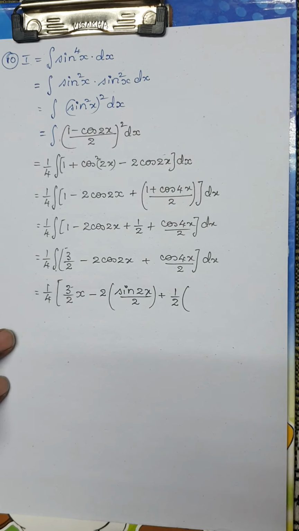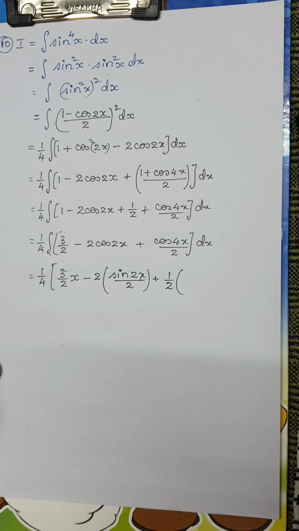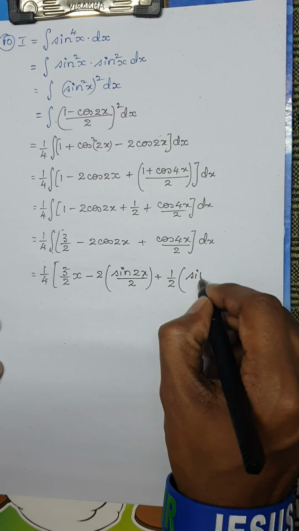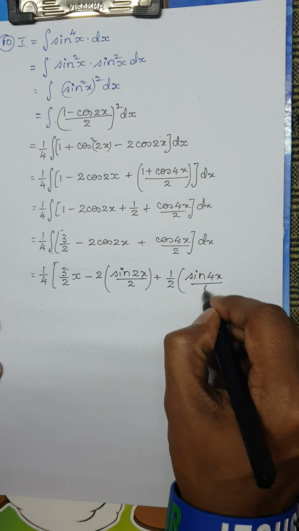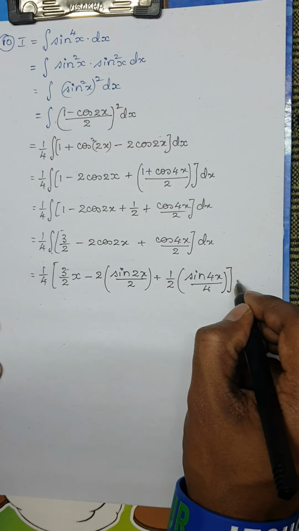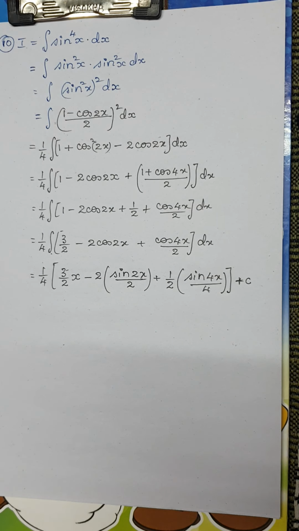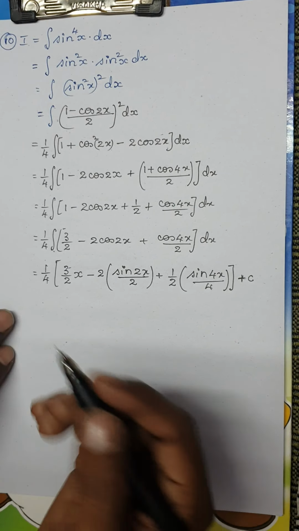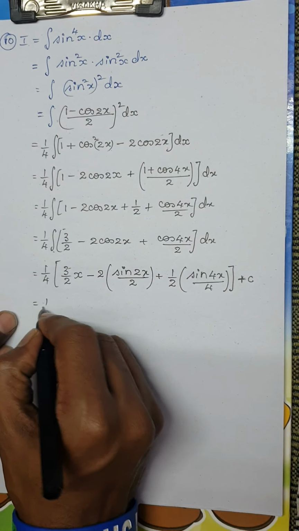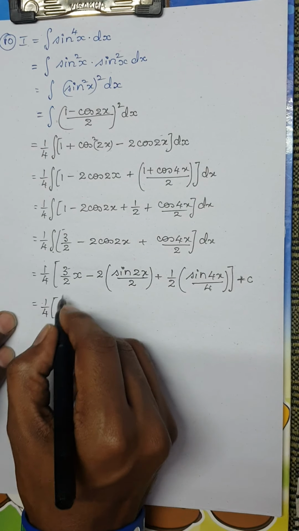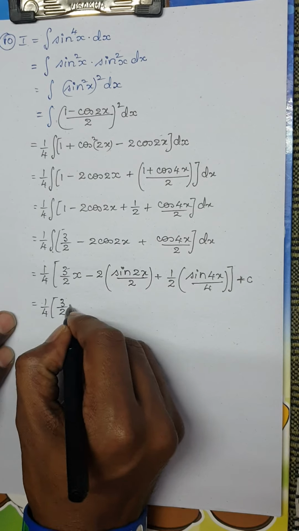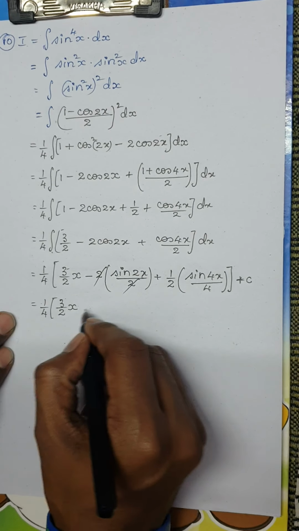Let me remove it. Now what is the integral of cos 4x? Similarly, the integral of cos 4x would be sin 4x divided by 4, plus c, which is the constant of integration. Now we can further simplify and write it as 1 by 4. Let me keep it as it is. It would be 3 by 2 into x, and this 2 and 2 get cancelled.